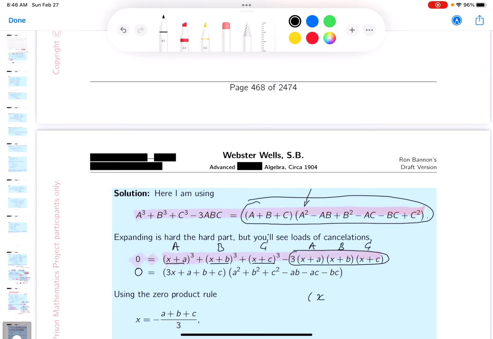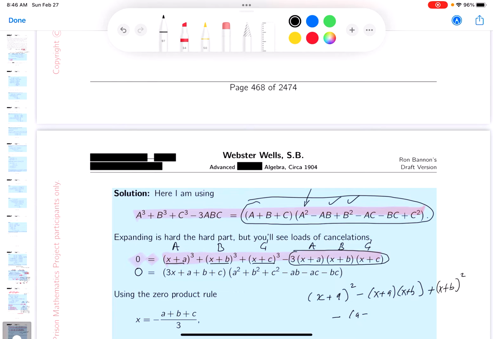It's x plus a squared, minus x plus a, x plus b. It's tough though. Plus x plus b squared, minus, I'm just doing these one at a time, a times c.